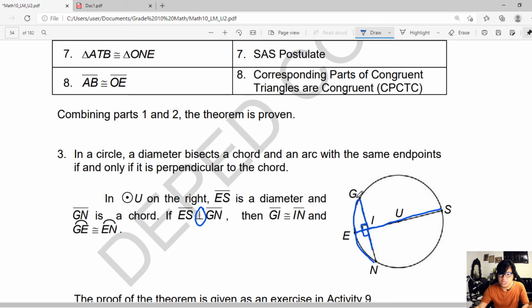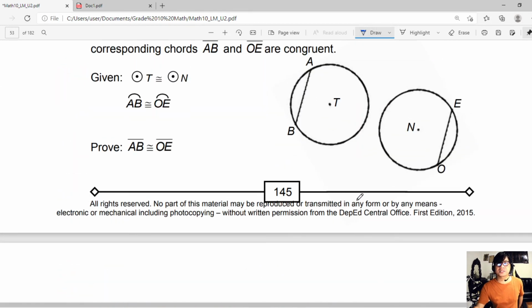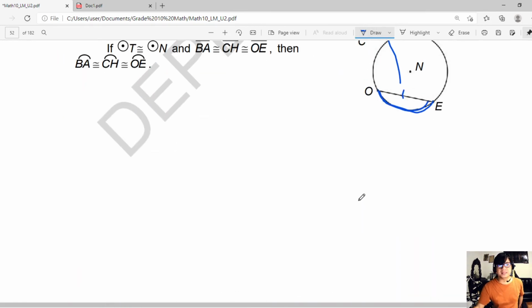Yung measure nito, pag kunin natin yung measure nito, equal yan sila. Since equal yung measure nila, ibig sabihin, yung intercepted arc nila, the same din yung measure. So yun yung sinasabi sa theorem number 3. So yun yung ating tatlong theorem about congruent arcs, chords, and segment.